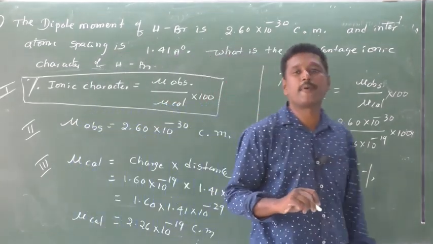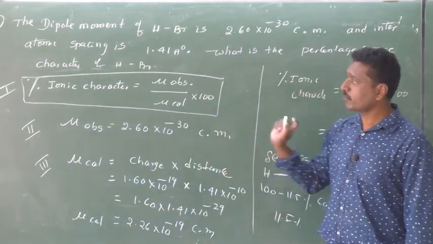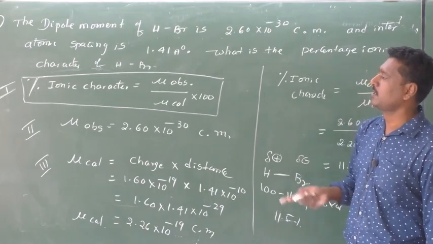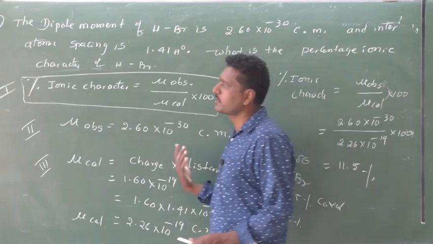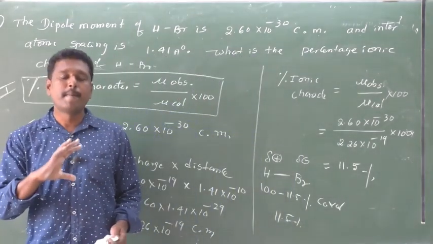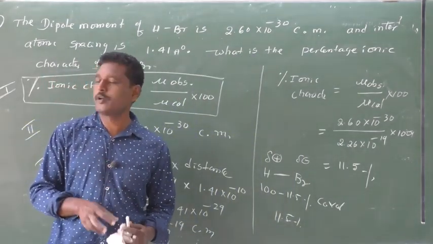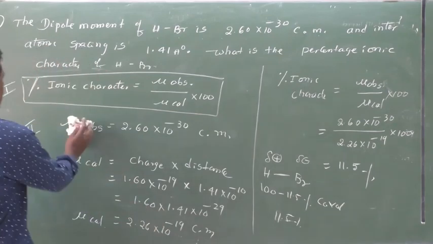This is about the problem; by this method we can calculate percentage ionic character. The second problem is based on bond moment. I will take a different problem, on bond moment.